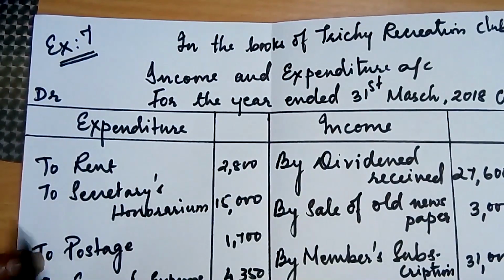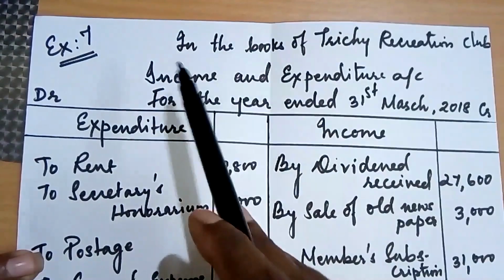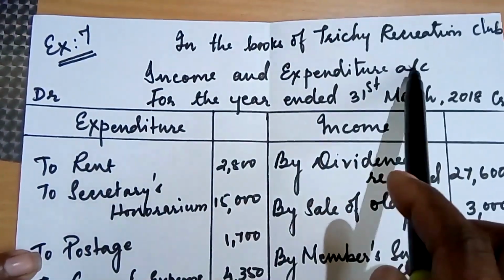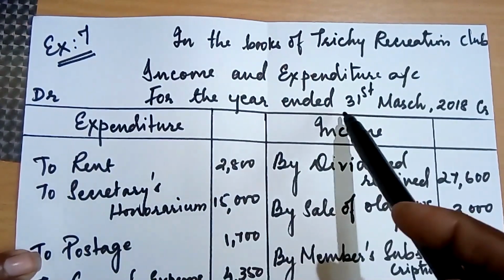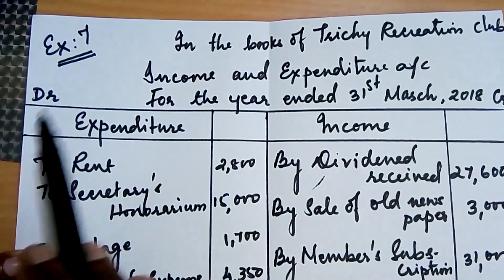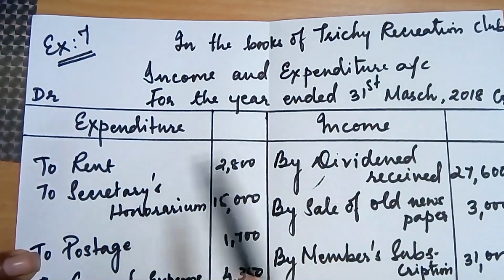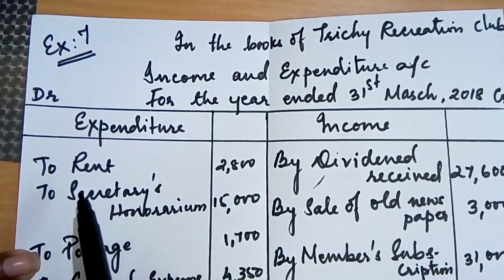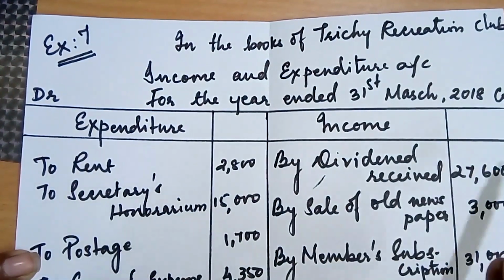Now let's see the solution for illustration 7. On top we write in the books of Tiruchi Recreation Club, income and expenditure account for the year ended 31st March 2018. This being a ledger account, we have a debit side as well as the credit side. We write all the expenses on the debit side and all our incomes on the credit side.